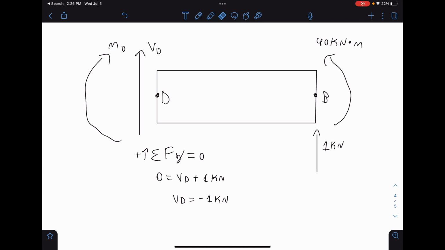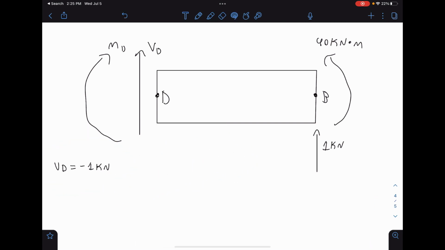Now that we have this, we can solve for our moment. So VD is equal to negative 1. ND, which is erased off our diagram, is equal to 0. And the sum of the moments at D is equal to 0. And let's make counterclockwise positive again. Remember, don't include the moment at D, but include its internal moment at D. So the internal moment at D is denoted as MD.